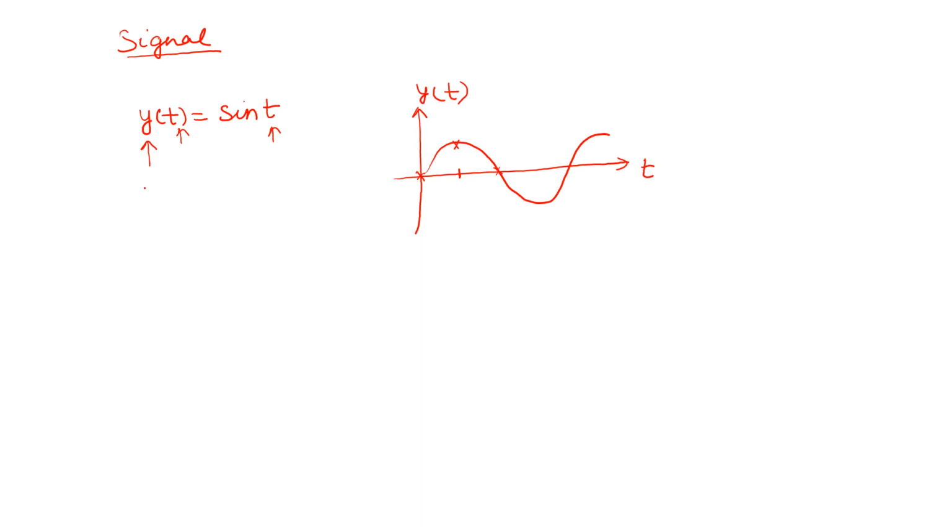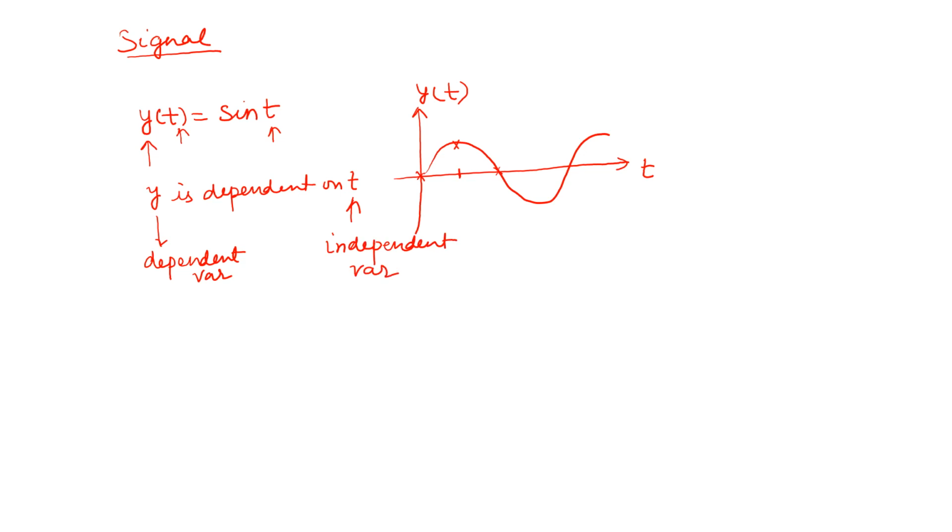So we can say that y is dependent on t, and therefore y is called the dependent variable and t is called the independent variable.